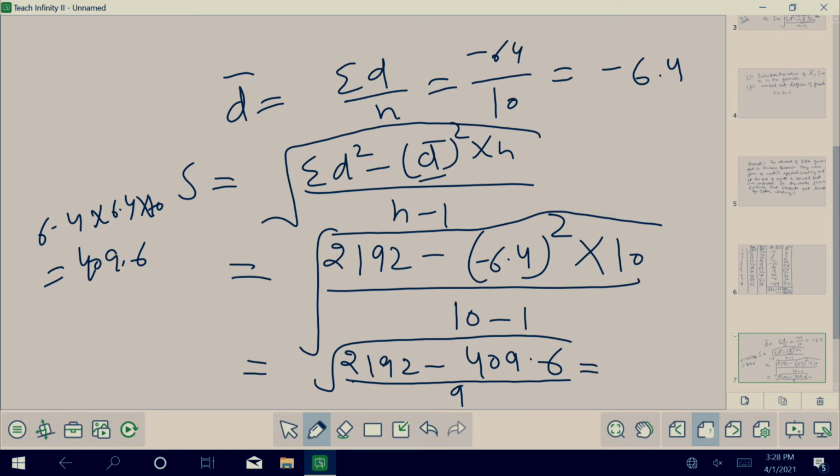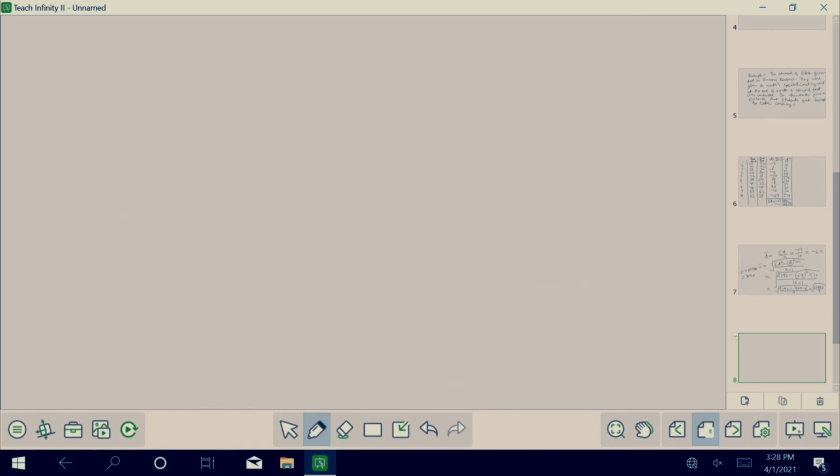Now 1782.4 divided by 9, square root of this, and the value of S will be, after computing, 14.07, and we have d dash minus 6.4, and n is equal to 10.